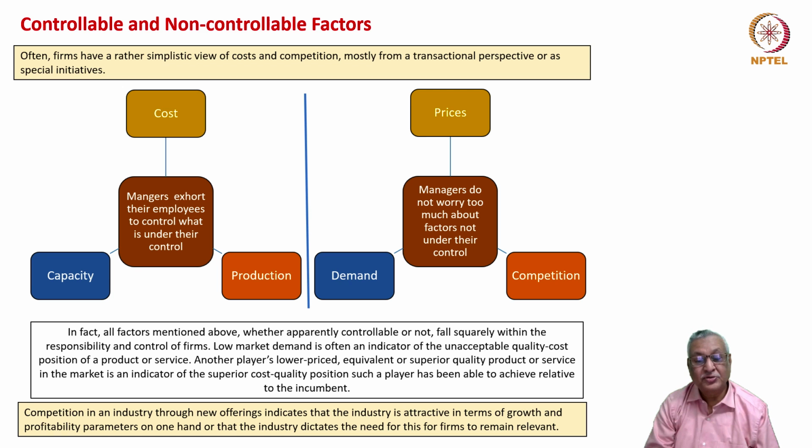Competition in an industry through new offerings indicates that the industry is attractive in terms of growth and profitability parameters on one hand, and the industry dictates the need for firms to remain relevant. So when the industry is attractive, when the demand increases, but demand would increase only when the consumers are able to buy more products and have better life and service from their products.